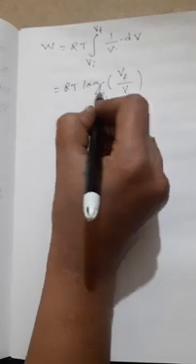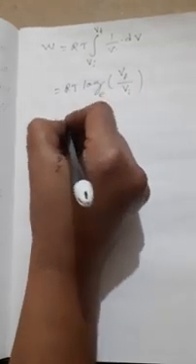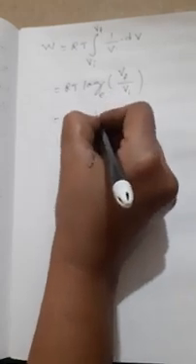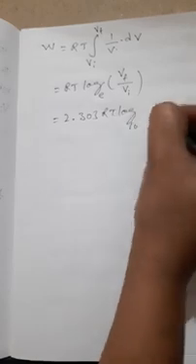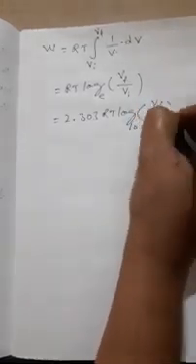What is the value of log e? It is 2.303 log 10. So we can write W is equal to 2.303 RT log 10 of Vf by Vi.